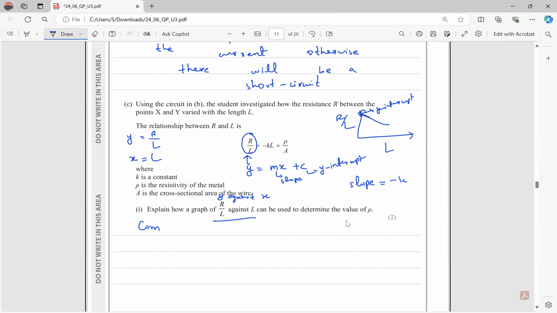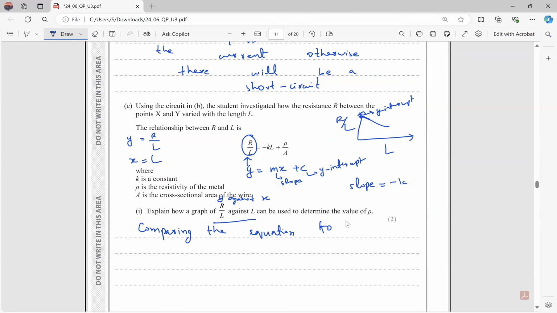Comparing the given equation to y equals mx plus c, we find out that the y-intercept is the C thing, which is resistivity over area.